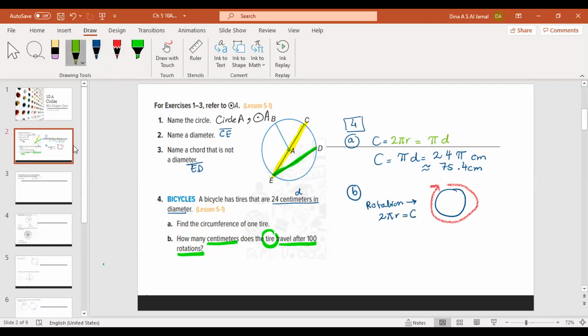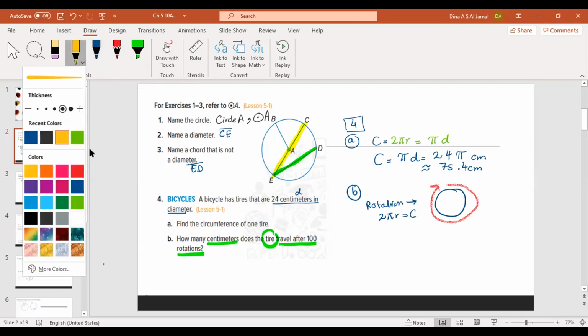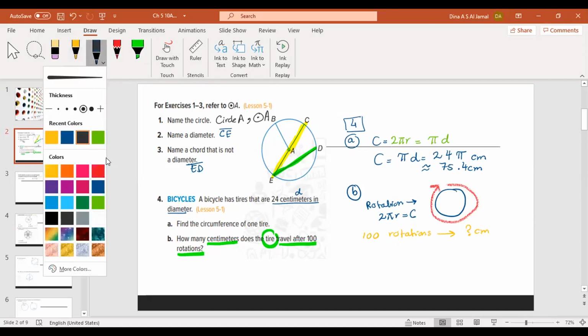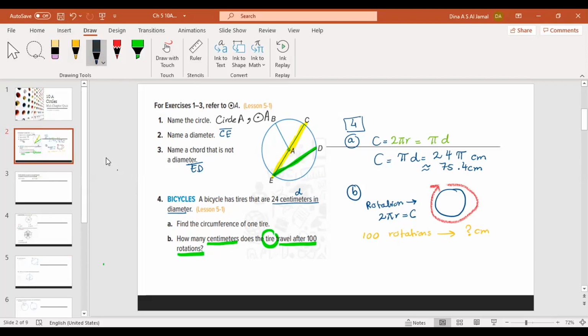Good. What if you have 100 rotations? That means all you need to do is convert it to proportions and solve it using cross product. So if one rotation gives you the circumference which you got previously, then for 100 rotations, how many centimeters will there be?